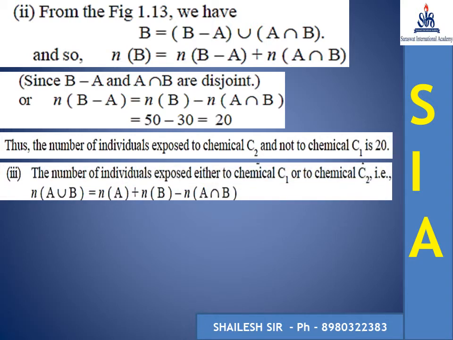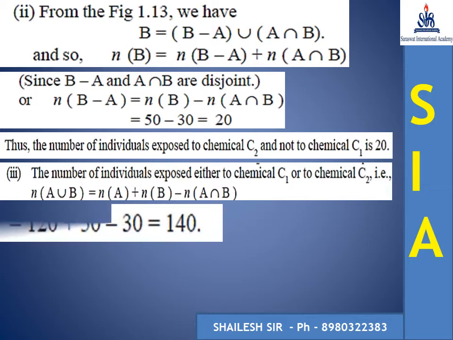Now the third question asks C1 or C2. Students, one more time, repeat: or means you indicate union form. So n(A union B) is equal to n(A) plus n(B) minus n(A intersection B), and all values are known: 120 plus 50 minus 30, you get 140 members exposed to chemical C1 or chemical C2.